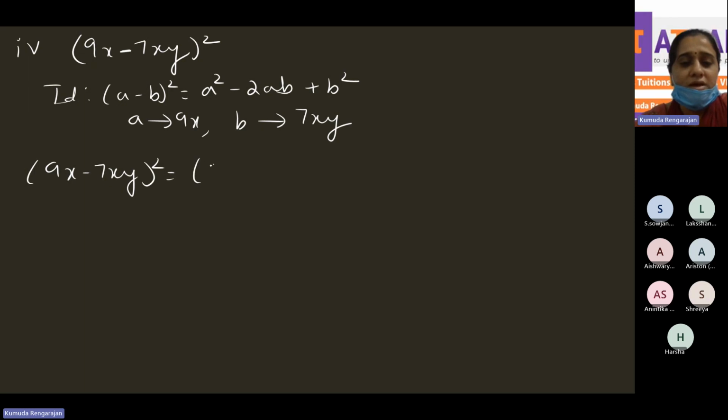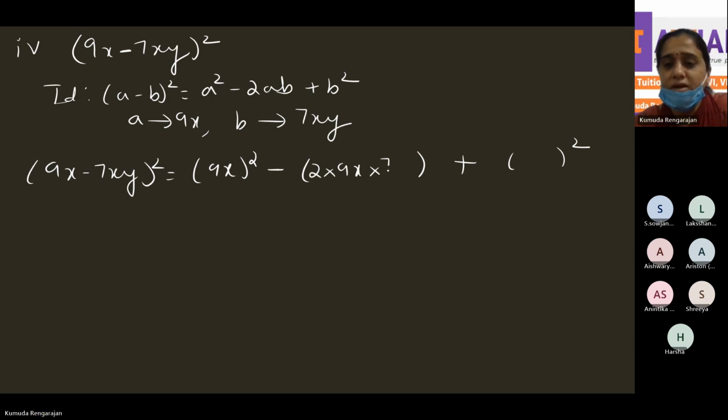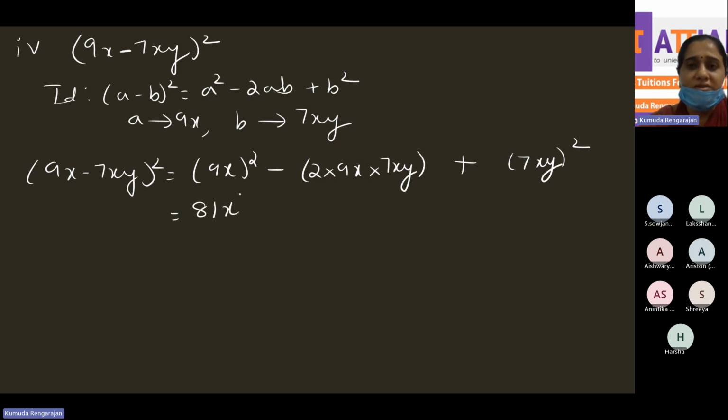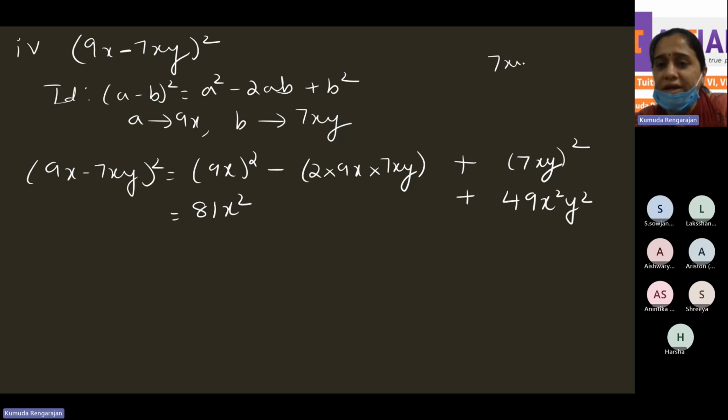It is a squared, 9x the whole square, minus 2 into a into b, so 2 into 9x into 7xy, plus b squared, 7xy the whole square. 9x into 9x, 9 nines are 81, x into x, x squared. 7 into 7, 49, x into x, x squared, y into y, y squared, because 7xy the whole square is 7xy into 7xy.